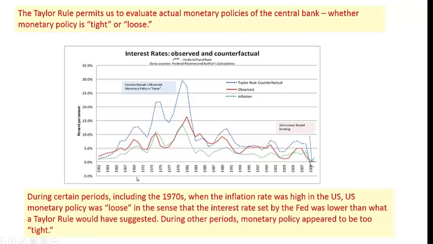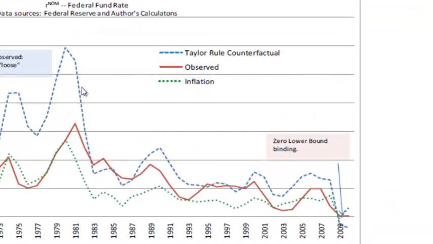And we can make this calculation. This graph is from chapter 11 of the book, and we can see here the red line is what we observed, the blue dashed line is what the Taylor rule would have given us. So it turns out that, let's say during the high inflation 70s, the observed interest rate was substantially less than what the Taylor rule would have told us.